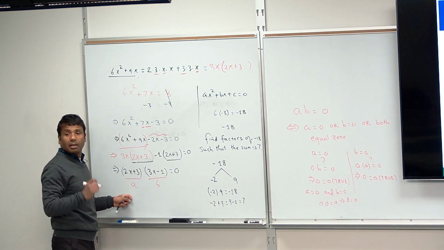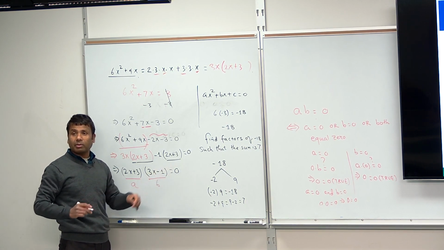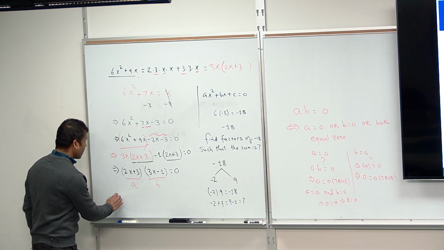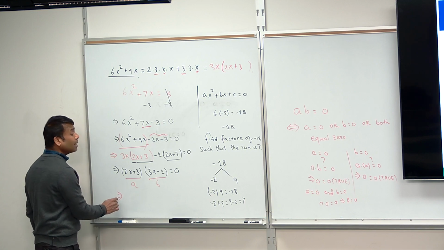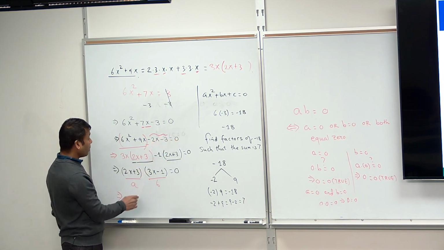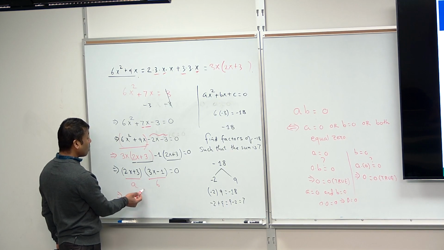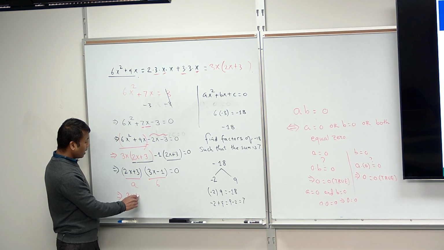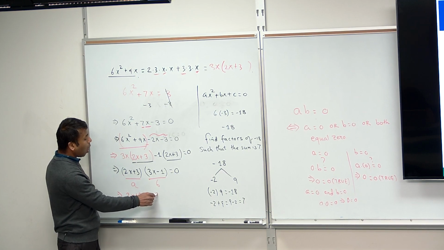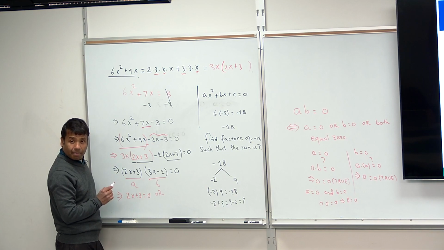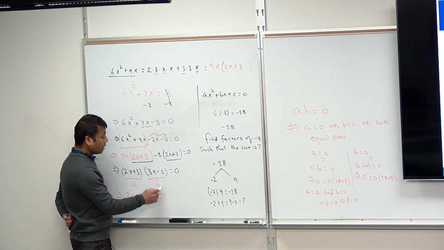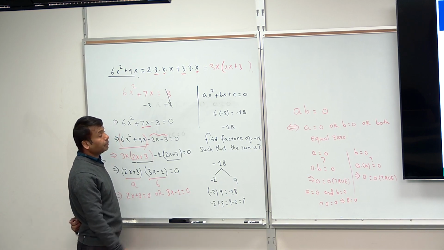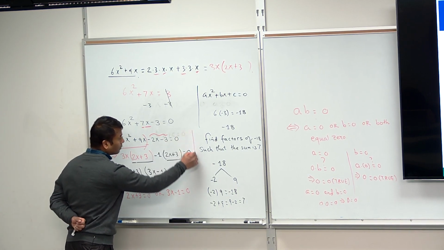By the zero factor property, a equals 0 means 2x plus 3 equals 0, or 3x minus 1 equals 0. Make sense?